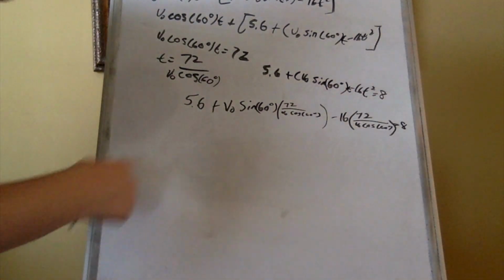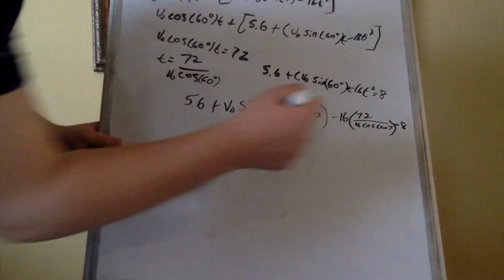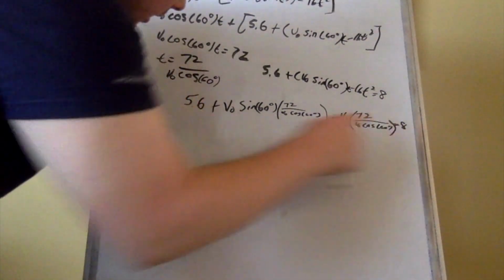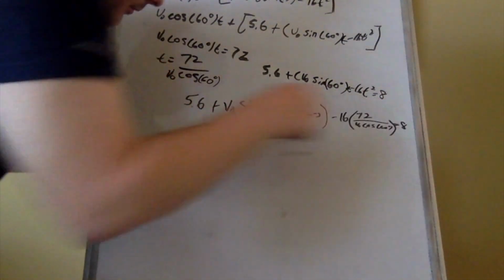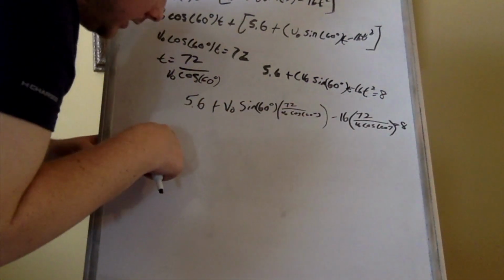Now we're going to multiply and add all this together. So we're going to take 5.6 from 8, that's negative 2.4 over here.